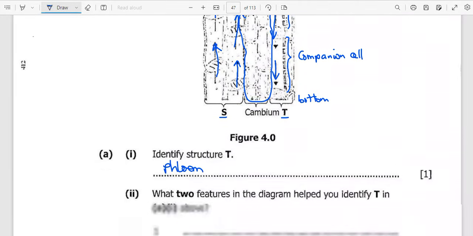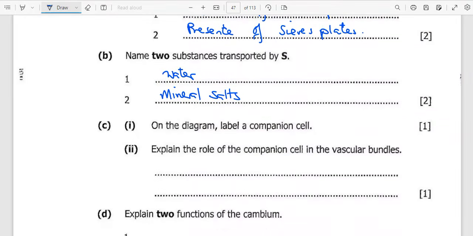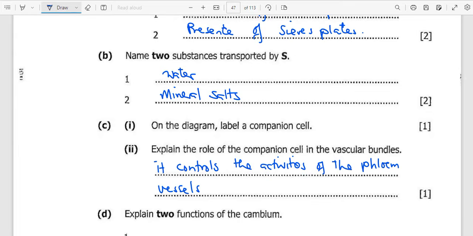So that is the role of companion cells in the vascular bundle. So we are saying that it controls the activities of the phloem vessel by producing enzymes.